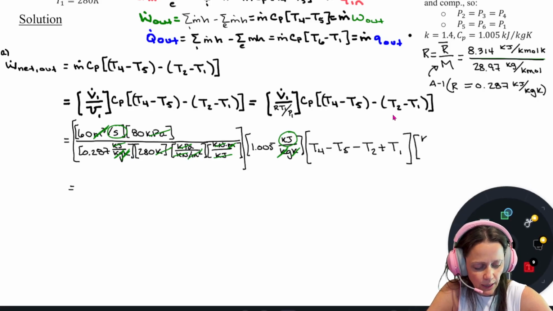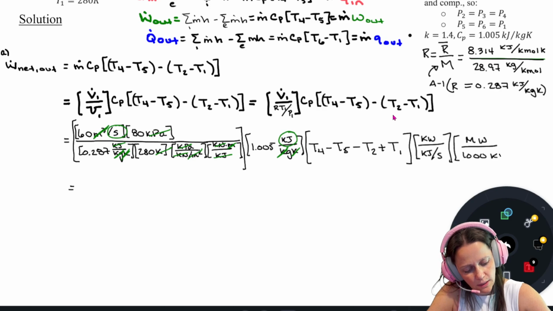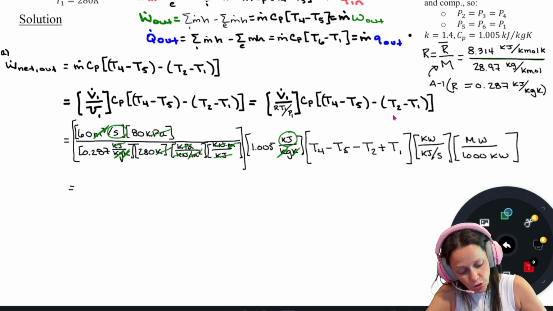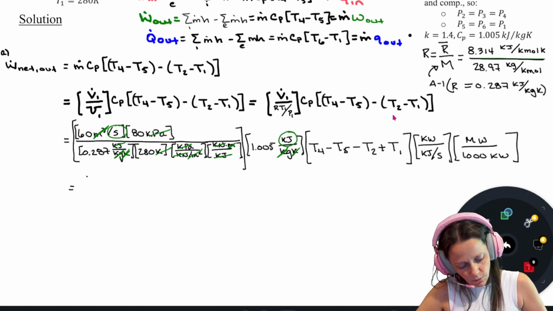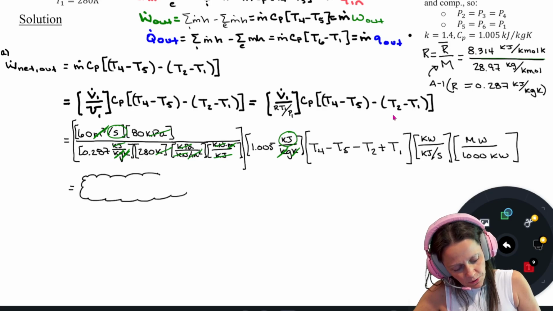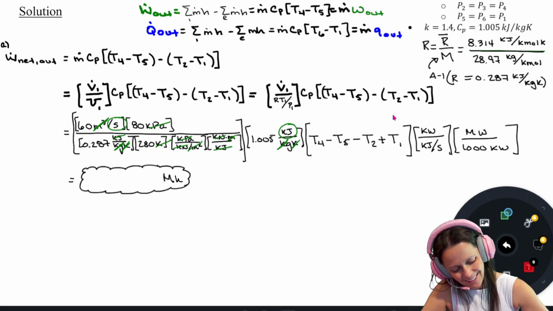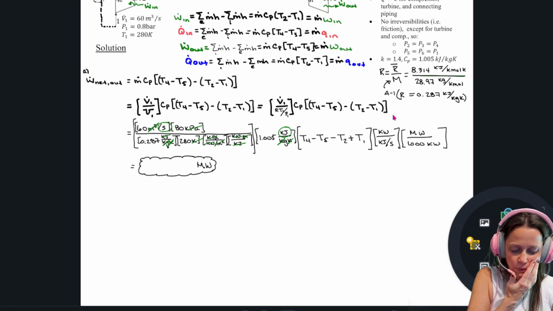I know a kilowatt is a kilojoule per second, and a megawatt is 1,000 kilowatts. That should get me my final answer once I figure out what all those temperatures are. Perfect.